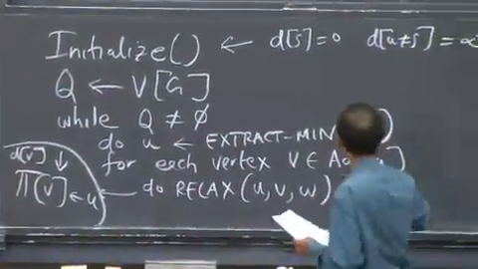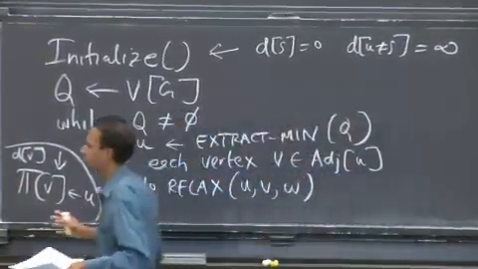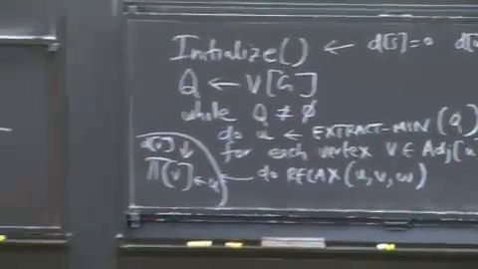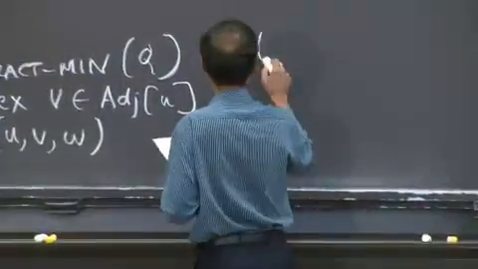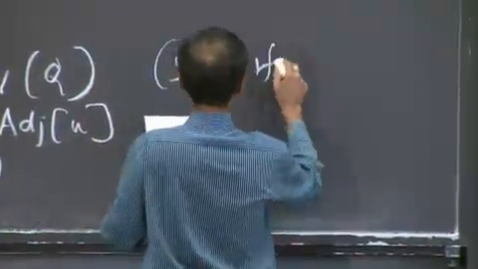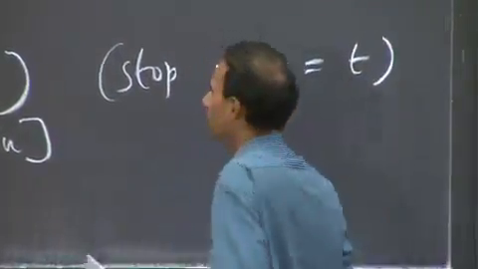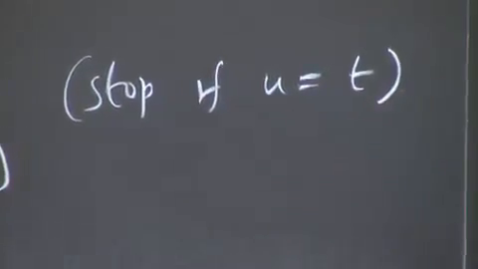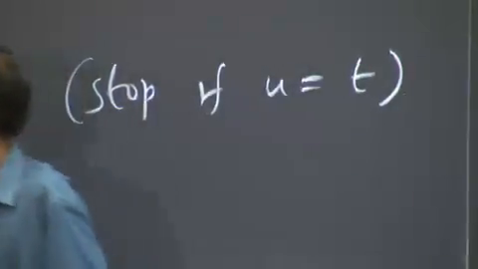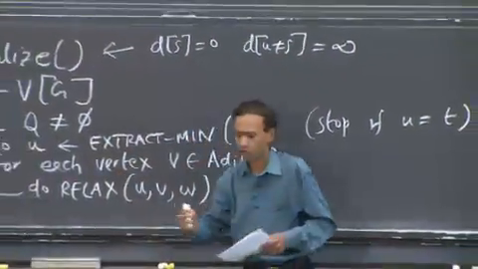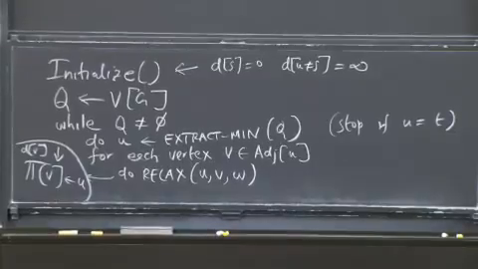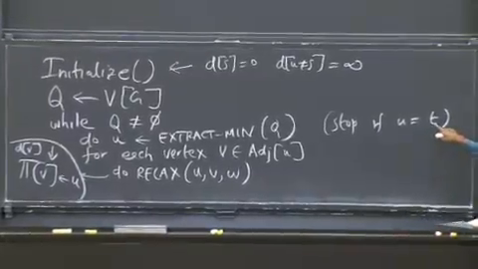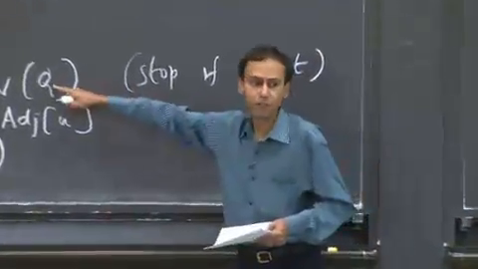And one of the things that we can do, this straightforward thing, which is one line of code literally, is to say that if you know what the single target is, then you simply stop if u equals T. So no need to stop when Q becomes null. You stop when you've lifted off the T vertex from Q. All right?